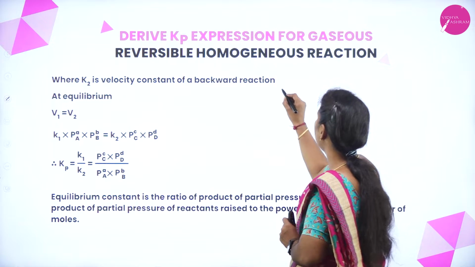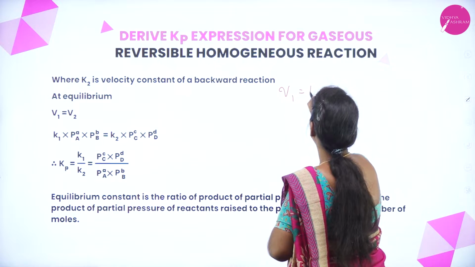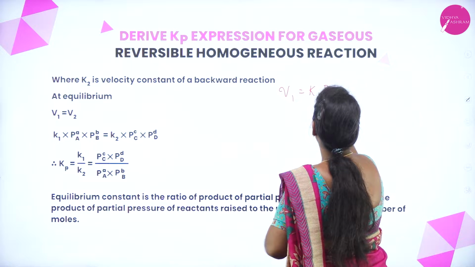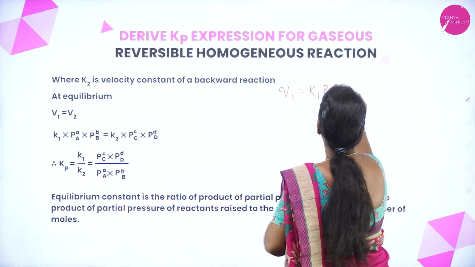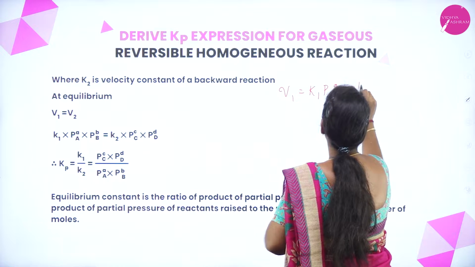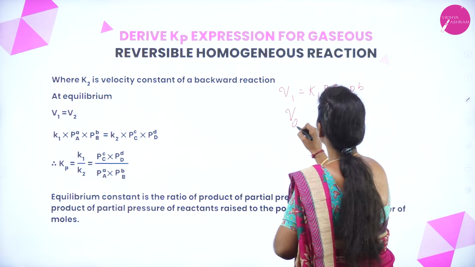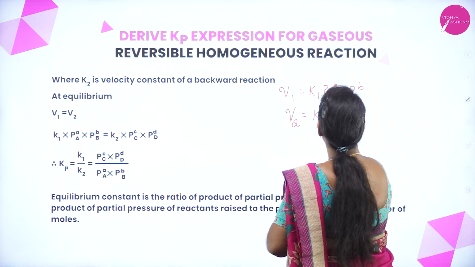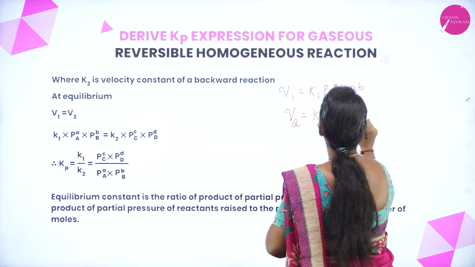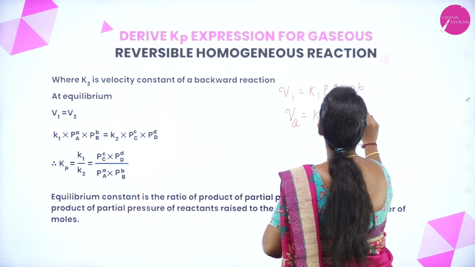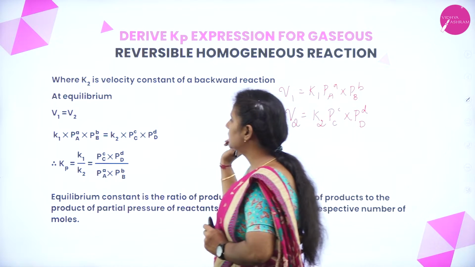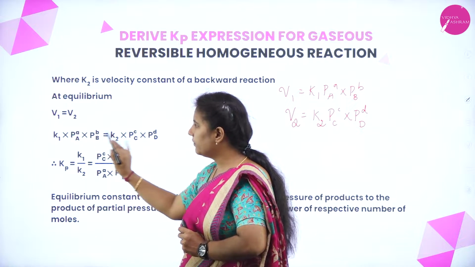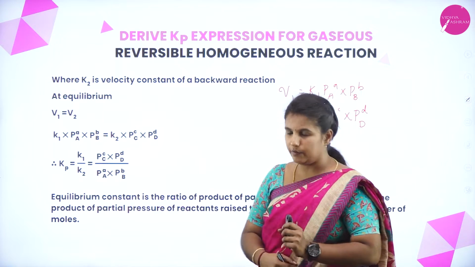V1 is K1 into Pa^a into Pb^b, and similarly V2 is K2 into Pc^c into Pd^d. This is how I apply the values of V1 and V2 at equilibrium.